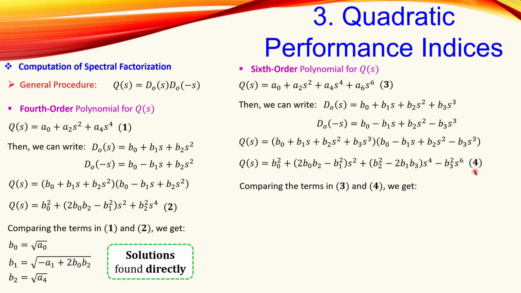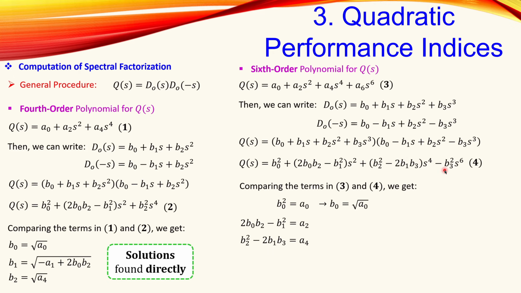We will compare now the terms in 3 and 4. The first one is easy: a0 must be b0 squared, or b0 must be the square root of a0. We also see that 2 times b0 b2 minus b1 squared must be a2. We also see that b2 squared minus 2 times b1 b3 must be a4.